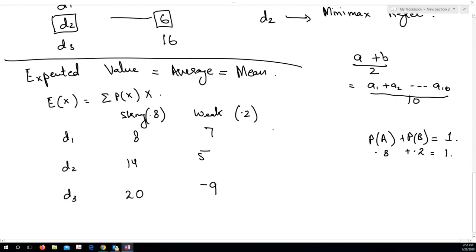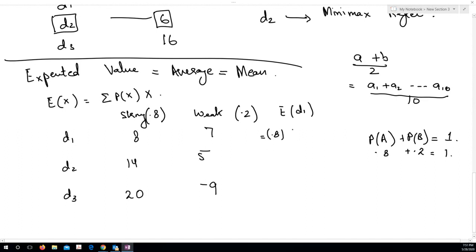So here we can actually find the expected value of D1, using this formula. We will do X is 8 here, so the probability of this event is 0.8.